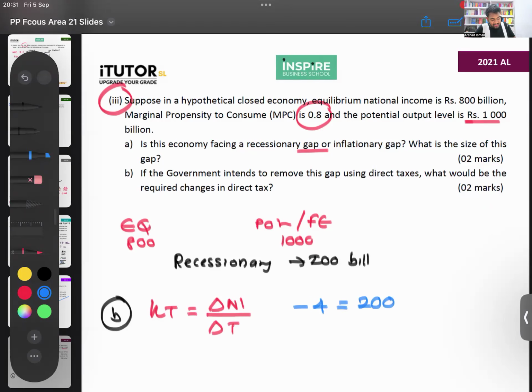To get that, how much should my taxes change? Be very careful with the increase and decrease. Taxes have to decrease by 50. Then it will get multiplied by minus 4. Minus 50 times minus 4 will give you a plus 200 increase in national income. Fine.